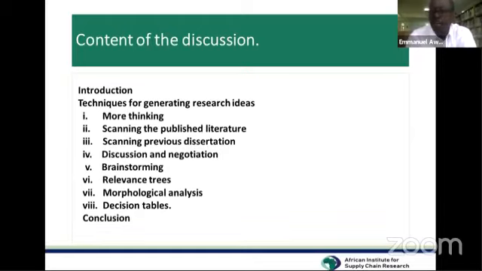And finally, a look at how to make use of decision tables. And then we shall make a conclusion to that.